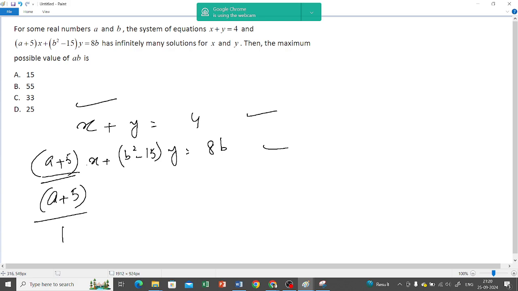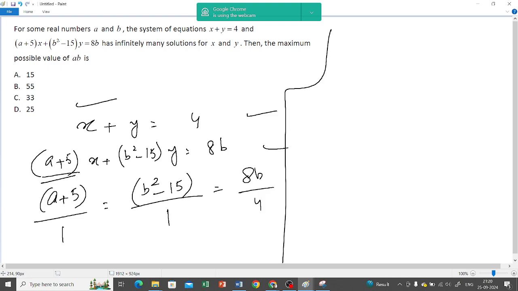So I'm dividing the coefficient of x of the first equation by the coefficient of x of the second equation, that is equals to b square minus 15 by y, that is equals to 8b by 4, right? See, this is what happens when you have infinitely many solutions. This is a rule you can learn.